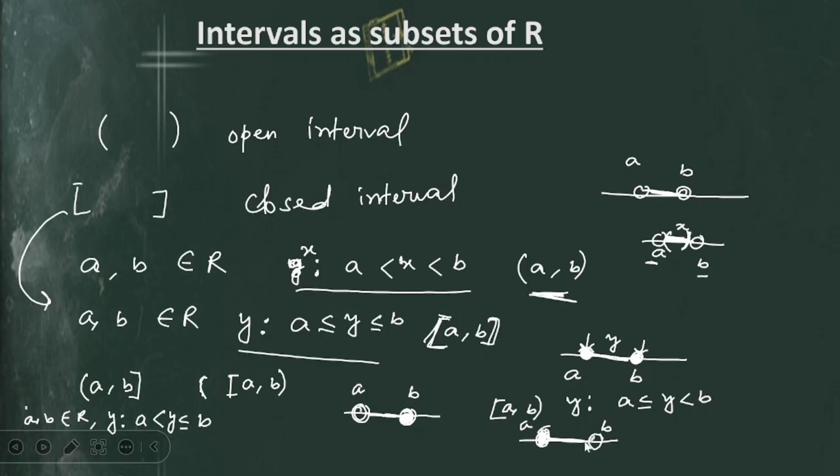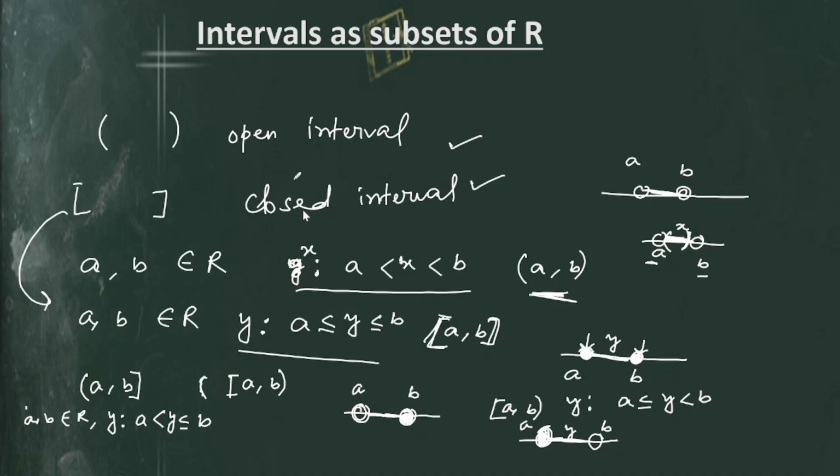So y lies in this range, and point a is included but point b is not. This is the entire concept of open interval and closed interval. Open interval means both ends are open, in the sense the points are not included, and closed interval means the two end points are included.